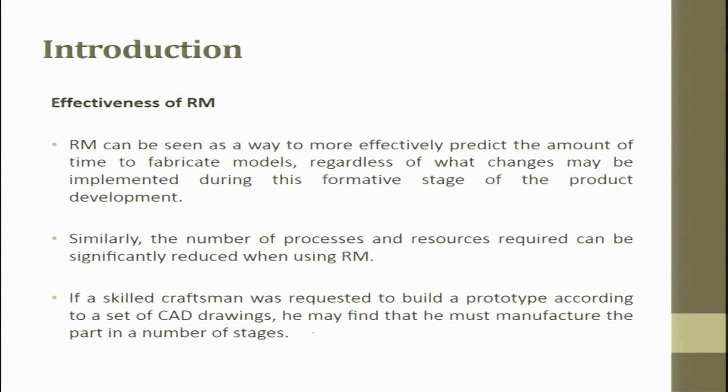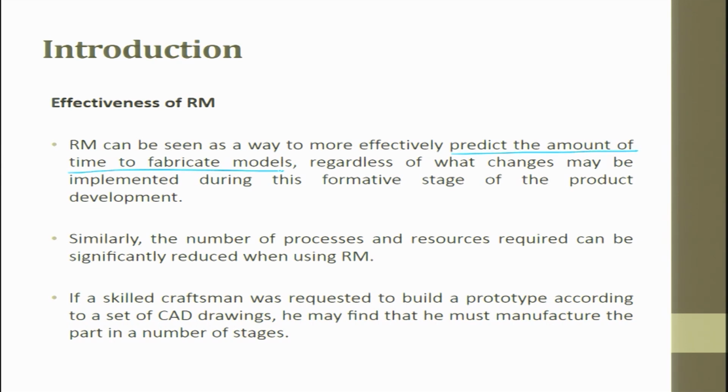Effectiveness of rapid manufacturing. So, RM can be seen as a way to more effectively predict the amount of time to fabricate models regardless of what changes may be implemented during the formative stage of the product development. So, this is very important, predicting the amount of time to fabricate models.